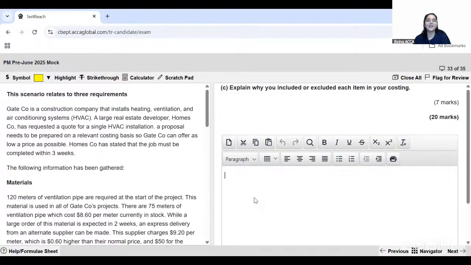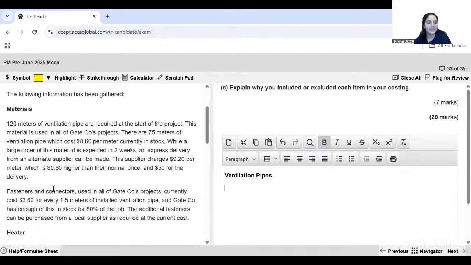The first item that we had started off with was a ventilation pipe. So with respect to the ventilation pipe, let's start framing our answer. We can put in bold subheaders for each material one by one. Ventilation pipes. Then we had the second thing as the fasteners and connectors.